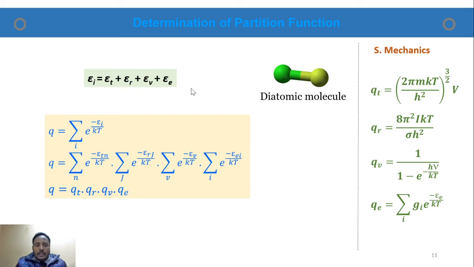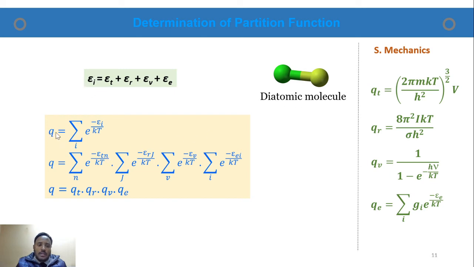Considering that the various energies corresponding to each type of motion are non-interacting and additive, we can safely add the translational, rotational, vibrational, and electronic energies to get the total energy Ei for the diatomic molecule.